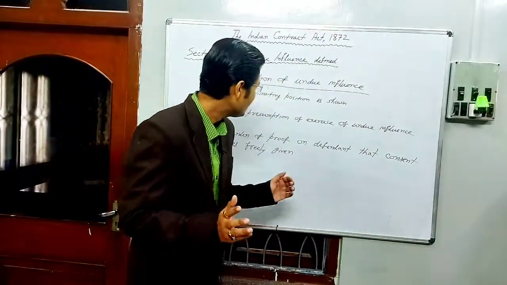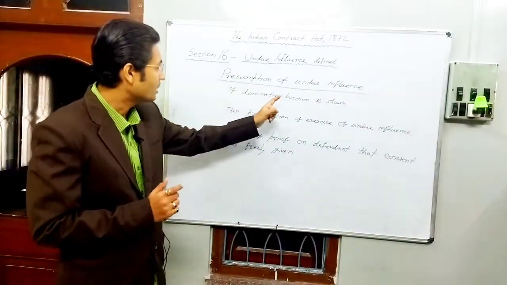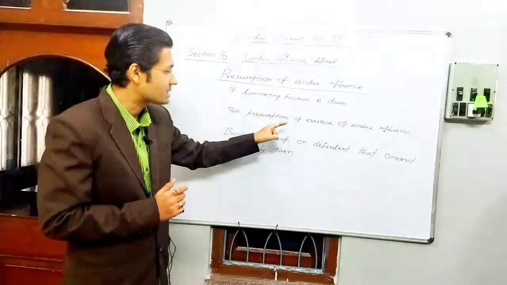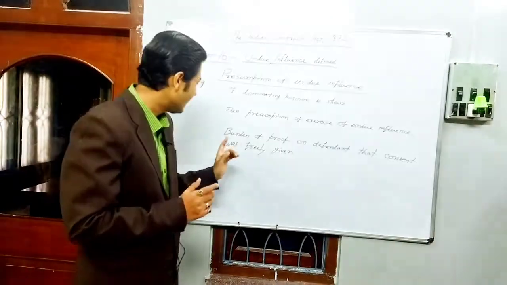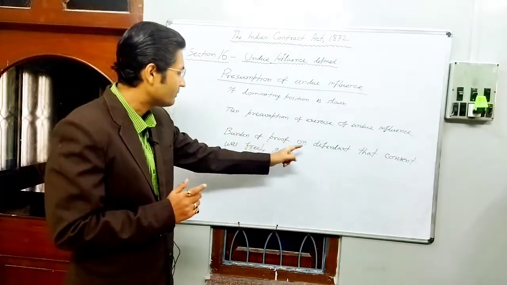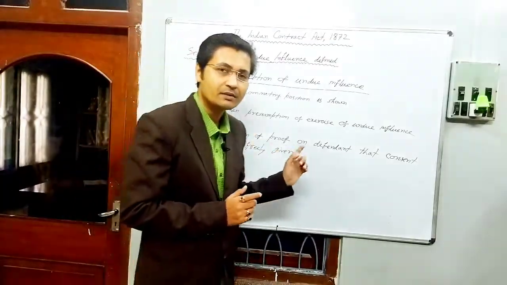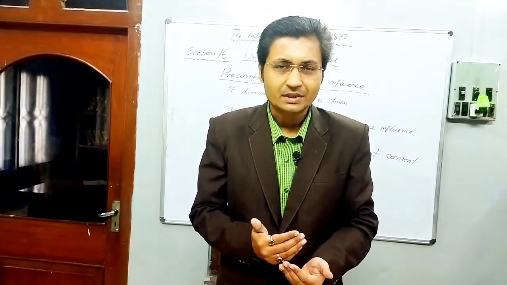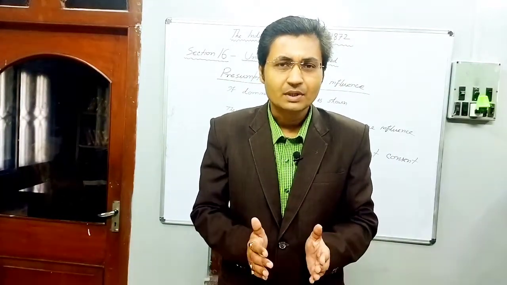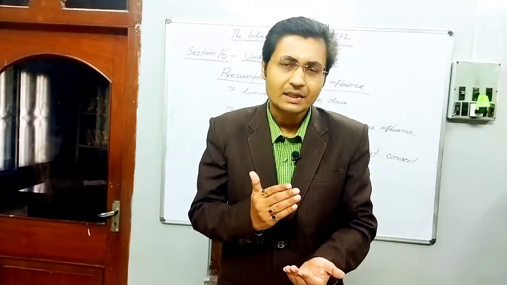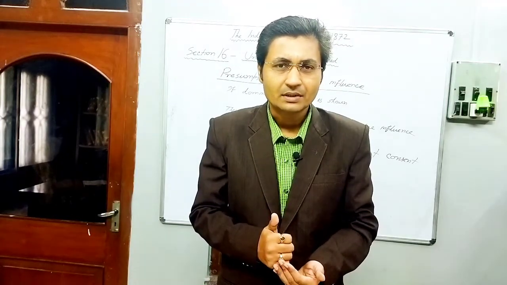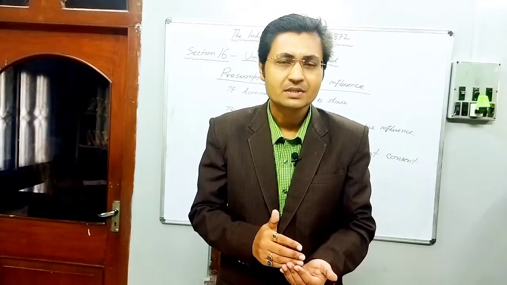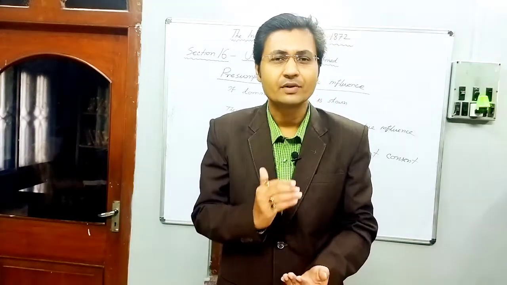So what is the presumption of the undue influence, that is if the dominating position is shown, then the presumption of exercise of undue influence, and then the burden of proof on the defendant that consent was freely given. So once the dominating position is established, then the court will presume that there is certainly the exercise of undue influence. Then the defendant has to prove the contrary situation, that means the plaintiff consented freely.